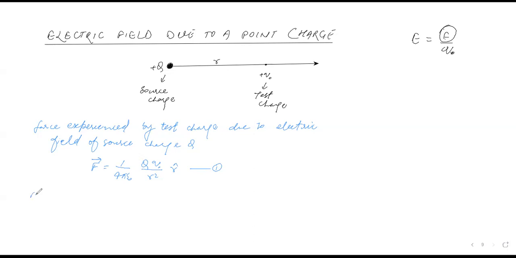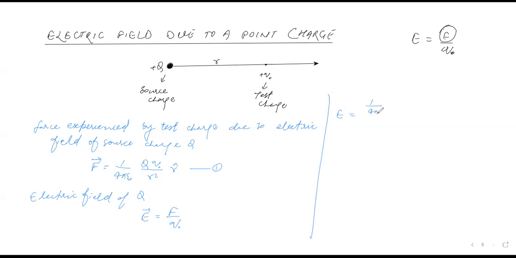now what is the electric field of Q? For the electric field of Q, we already know the equation: E is equal to F over Q naught. Then we can write E is equal to, what is the value of F?